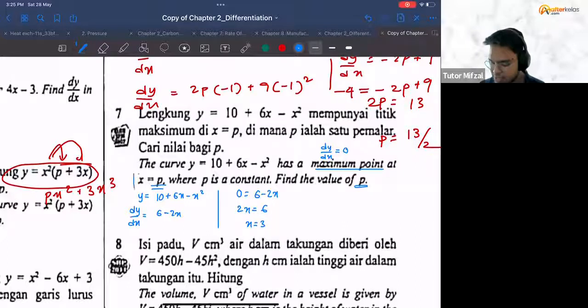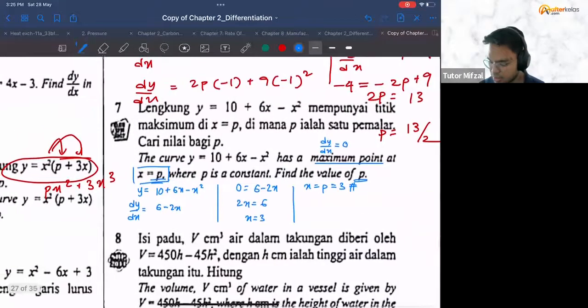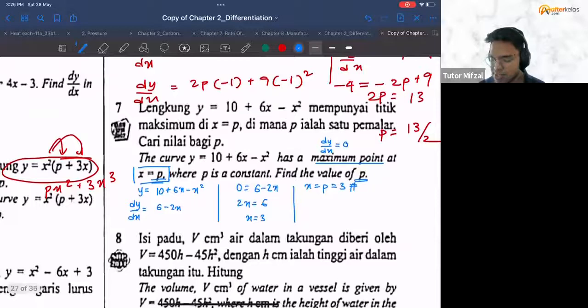And dia dah kata kat sini that x is equivalent to p. So p is also equivalent to 3. That's it. Okay, straightforward. Kalau dia tukar kat sini minimum point, sama je. Okay, maximum, minimum, turning point, critical point, those are referring to dy over dx equivalent to 0.